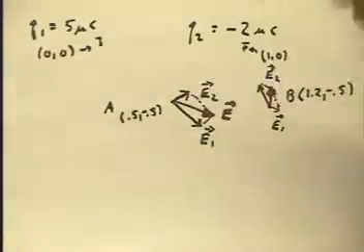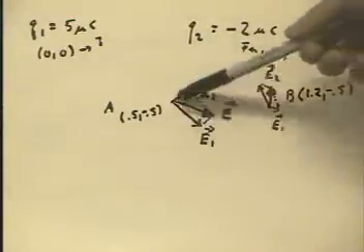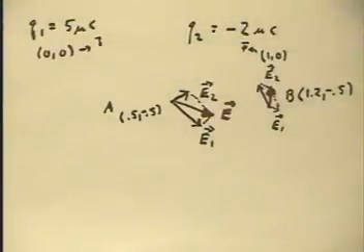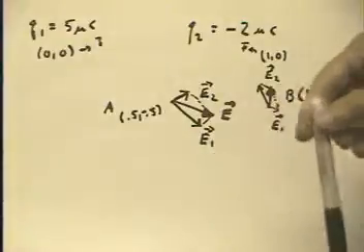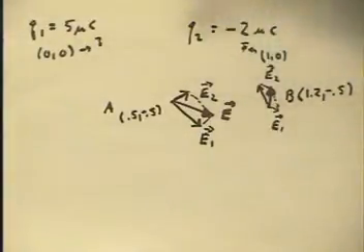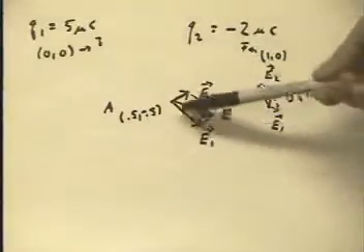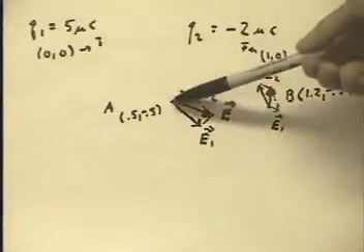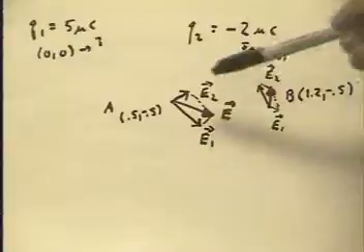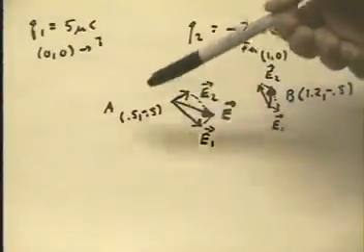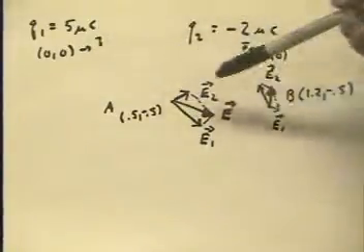We're not going to actually determine the electric field, we're just going to do an estimate. We estimate that the field E1 is going to be greater than the strength of the field E2. E1 is the electric field due to the charge Q1.